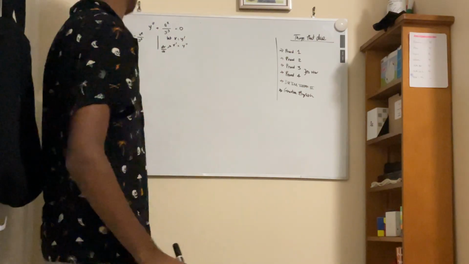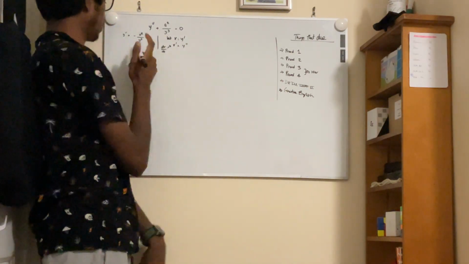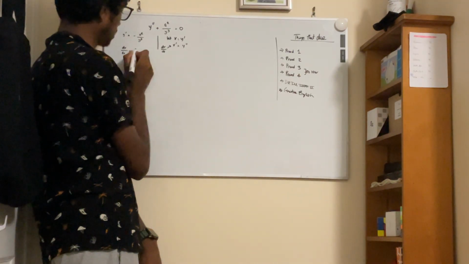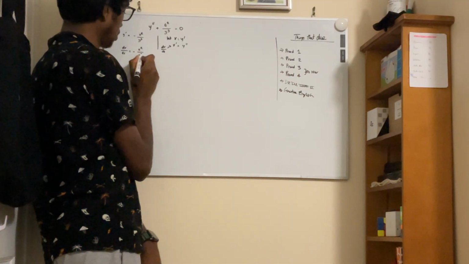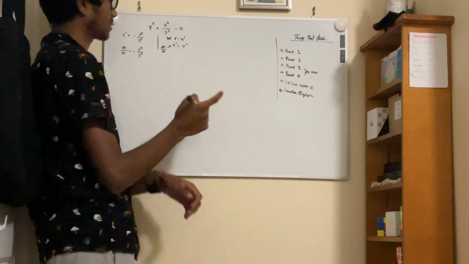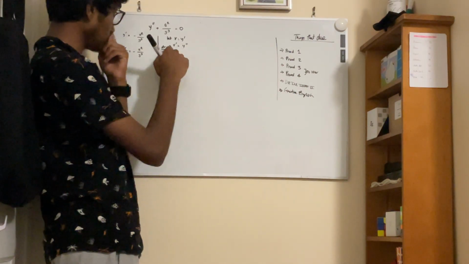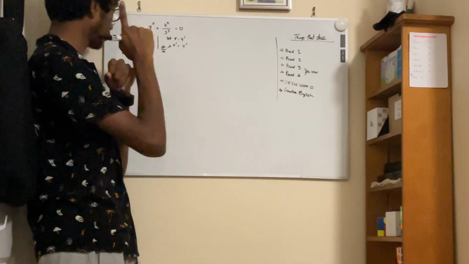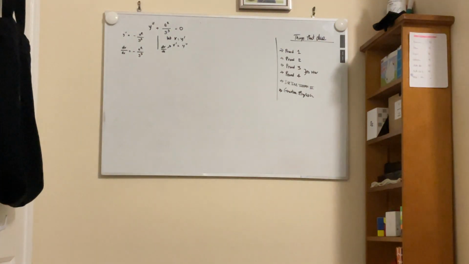Then you can put this dv on dx here. dv on dx is equal to minus a squared on y cubed. Nice. We can also call it v dash if we want. Doesn't really matter.